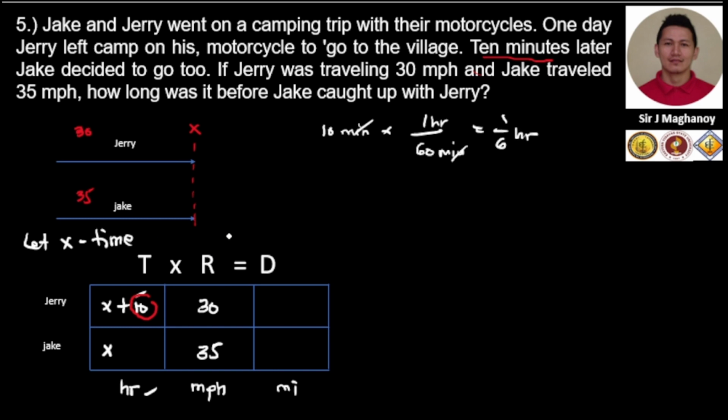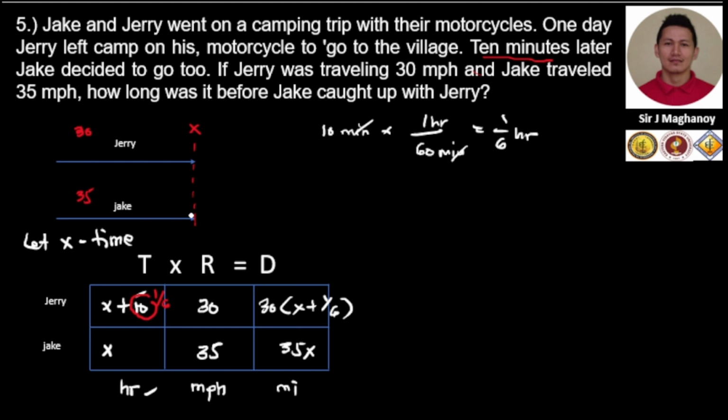Okay, so let's set up our equation. Our plus 10 here will become 1 over 6 when we convert it into hours. Writing up our distance, that is 30 times the quantity x plus 1 over 6, because we converted it into hours from minutes. Here that is 35x.